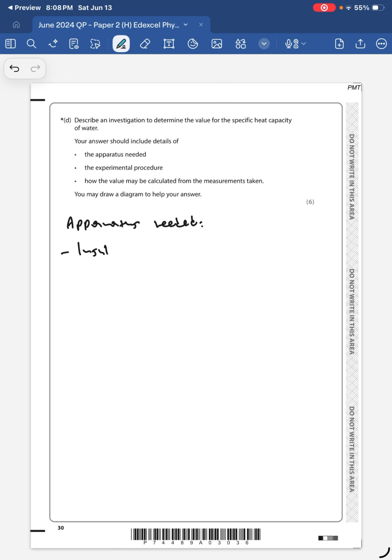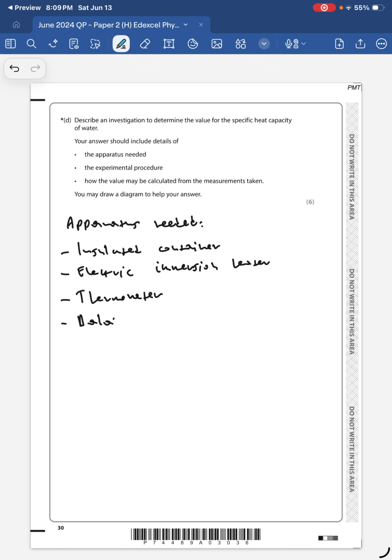So you will need an insulated container, an electric immersion heater to supply energy to the water, a thermometer to measure the temperature, a balance to measure the water's mass, I guess.